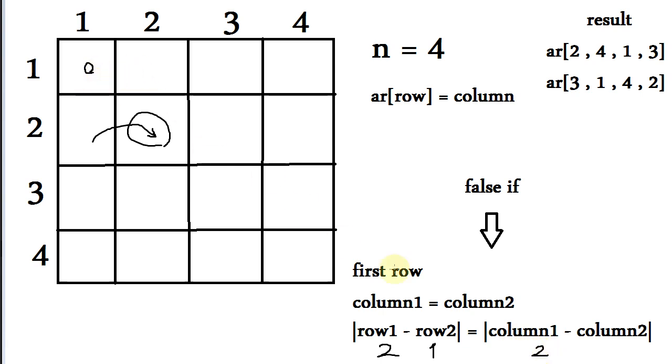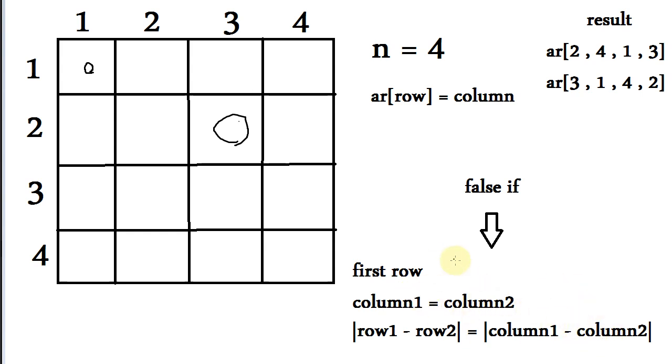The column for our queen is 1. These are not equal, but it is diagonal, so it cannot put the queen here as well. Cannot put it here. So it goes to this cell and checks if it can place the queen here.